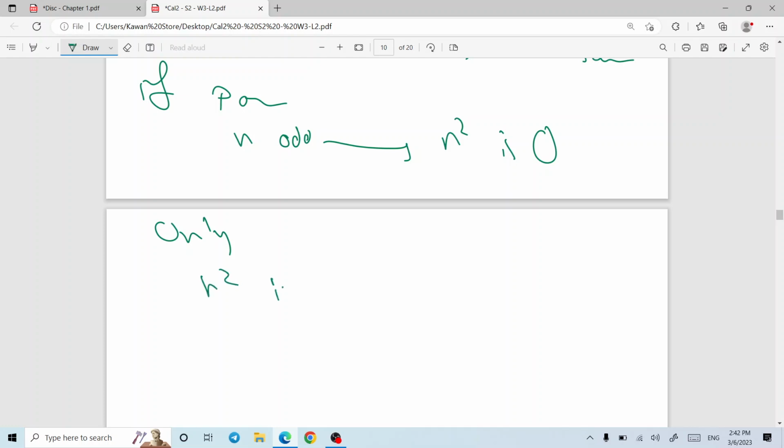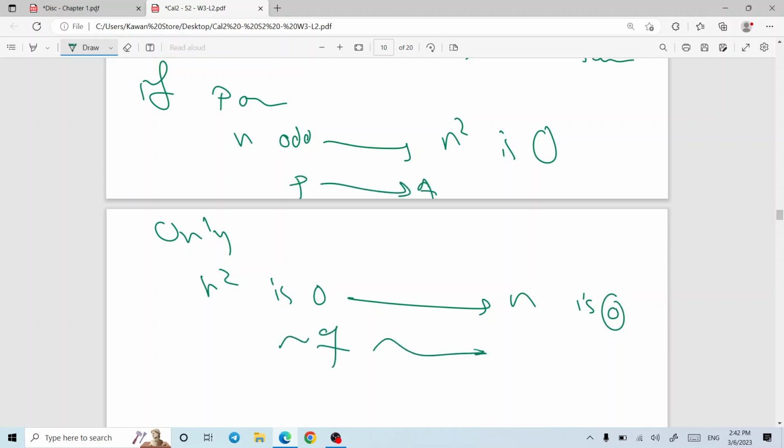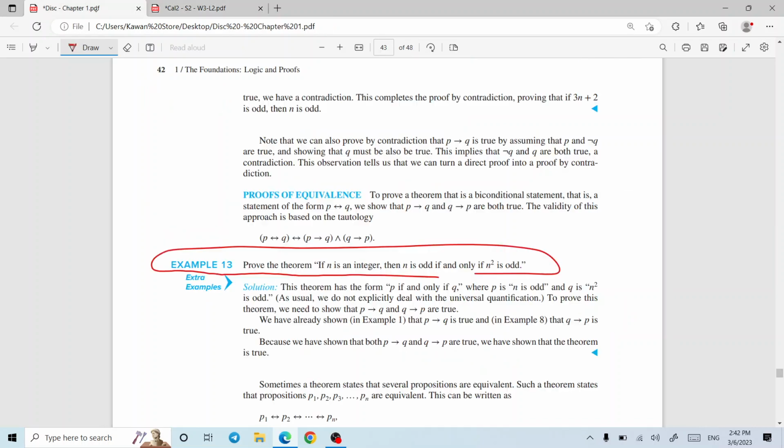You say n squared is odd, then n is odd. Maybe that one is solved by direct, maybe by contrapositive. Up to you. The important thing is you should solve both cases. Understood, dears? Good.